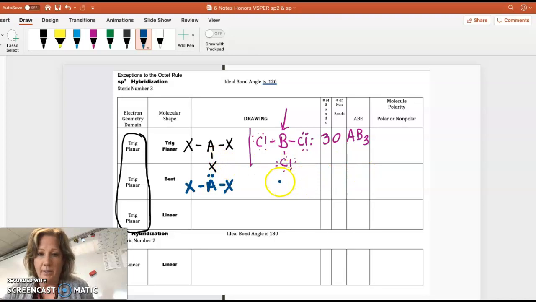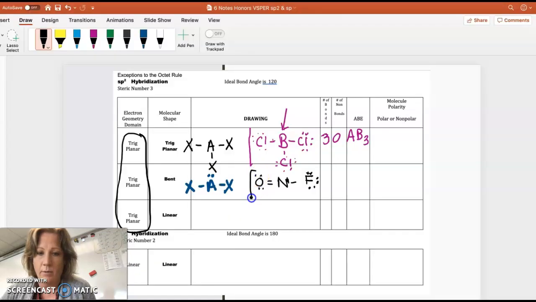So an example of this could be, I'm going to give you one that's a polyatomic ion. It's going to be double bonded to oxygen and single bonded to a fluorine. It's not one of the polys that we know, but it's a good illustration of this.